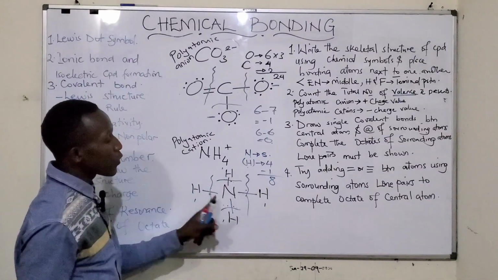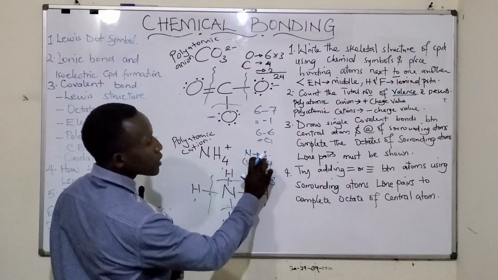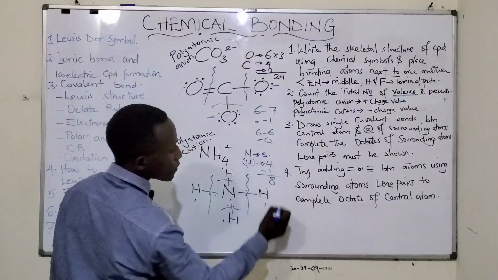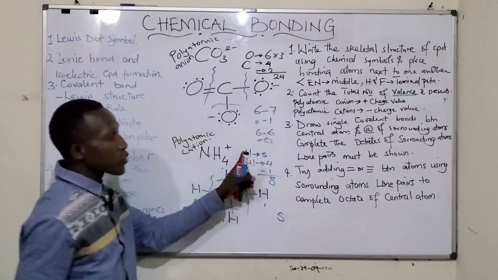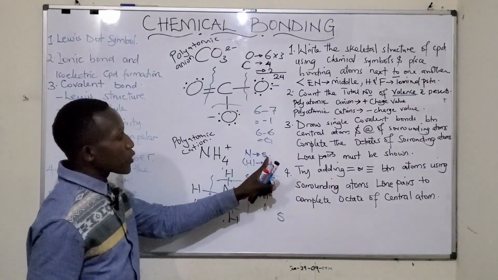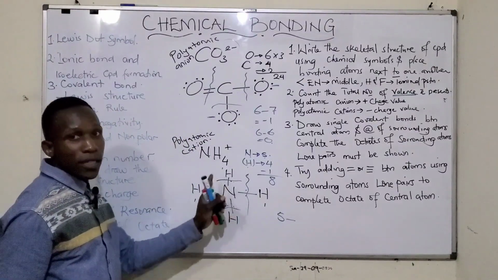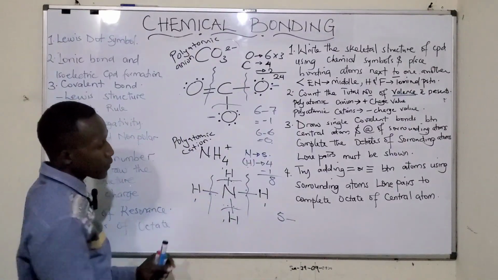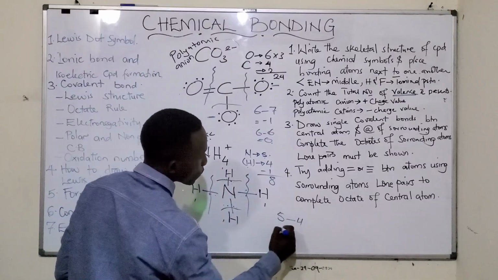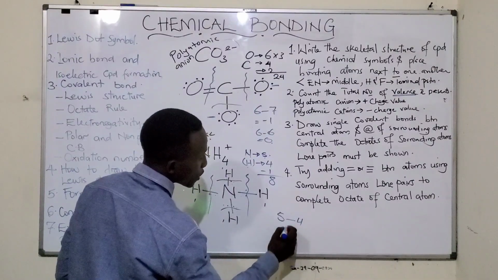We get the charge as the number of electrons of the isolated atom minus the electrons surrounding this atom in the Lewis structure, which is 5 minus 4, which is 1. And this one is positive.